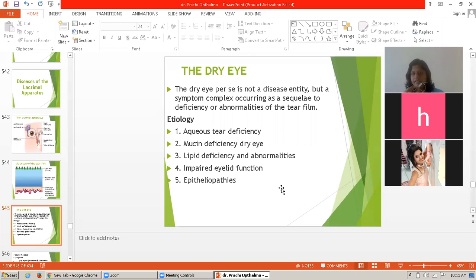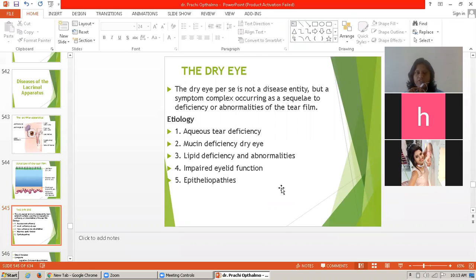And when there is deficient tear formation, it may cause loss of the eye and is associated with ocular surface disease, that is OSD, that is keratinization of the cornea and conjunctiva. So this is all about the signs and symptoms of the diseases of the lacrimal apparatus. Then we will learn about the diseases of the lacrimal gland.